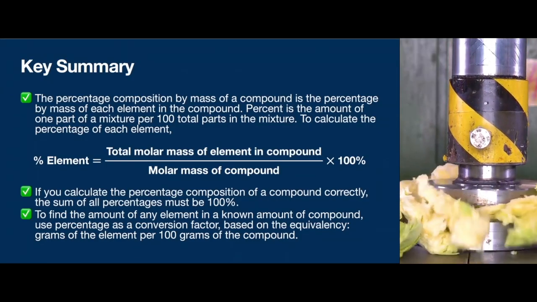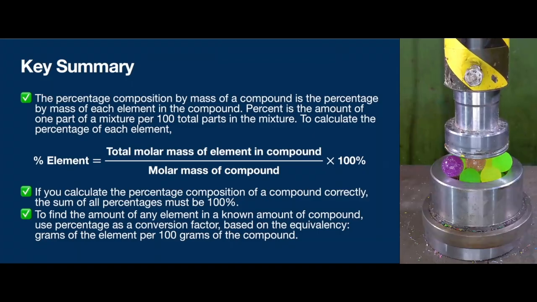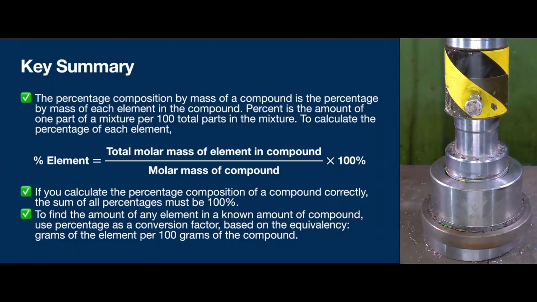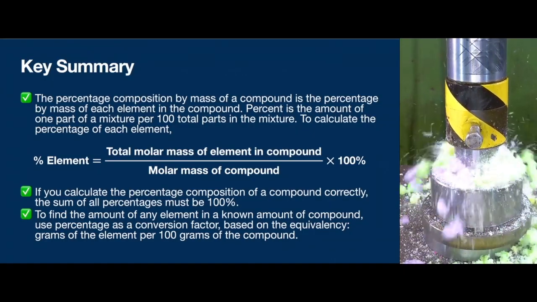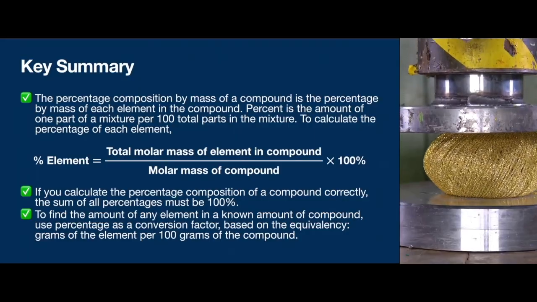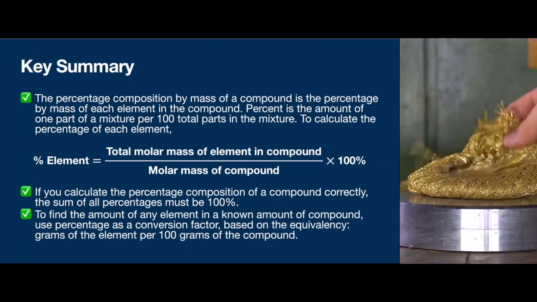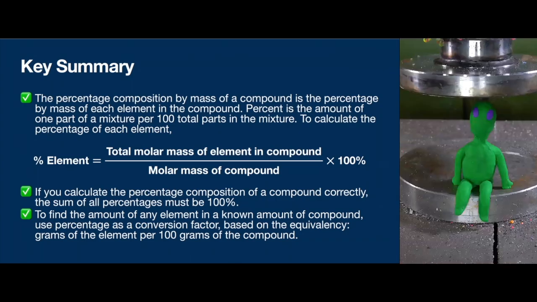If you calculate the percentage composition of a compound correctly, the sum of all percentages must be equal to 100%. To find the amount of any element in a known amount of a compound, use percentage as a conversion factor based on the equivalency: grams of the element per 100 grams of the compound. That's it, and see you in the next video.